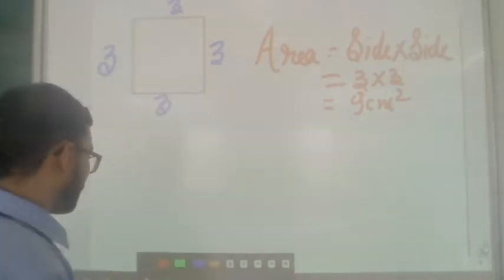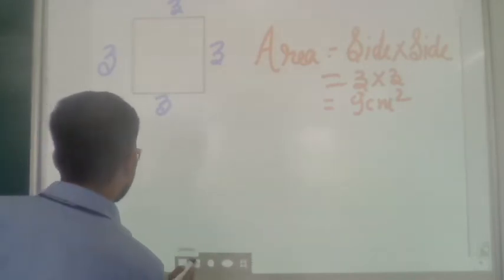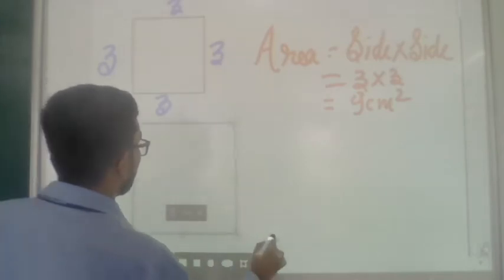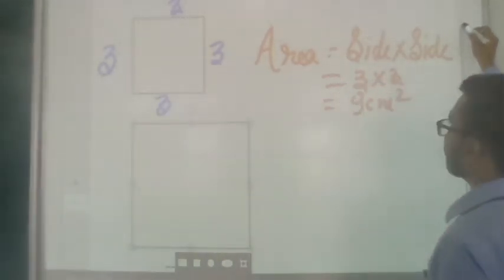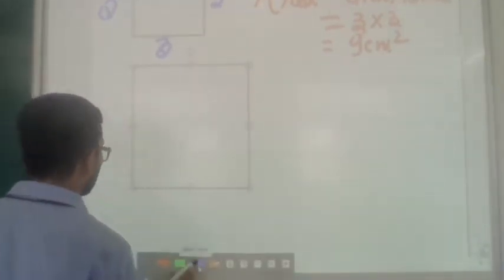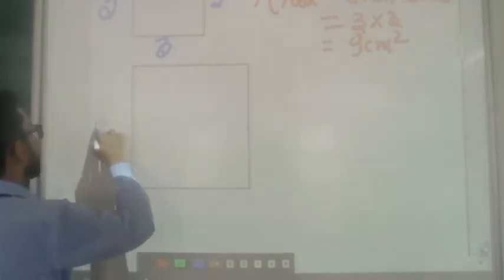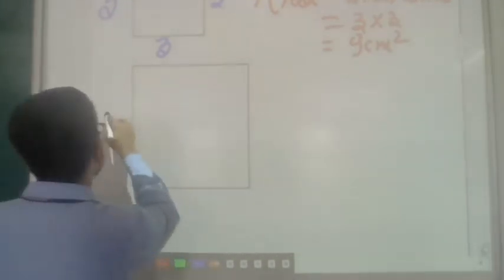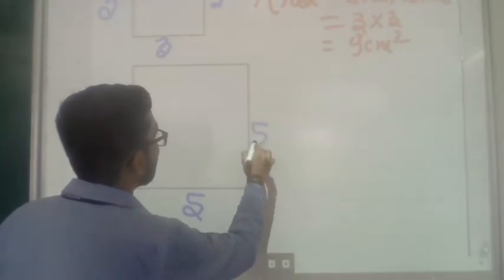Suppose we take another square whose length of side is 5 centimeter. So all sides become 5 centimeter.